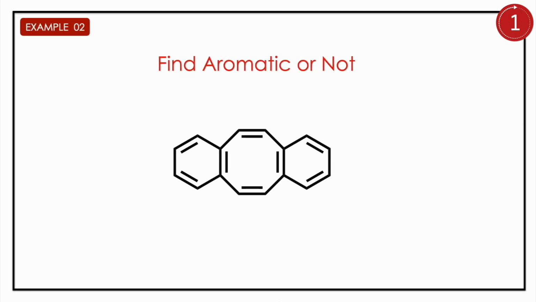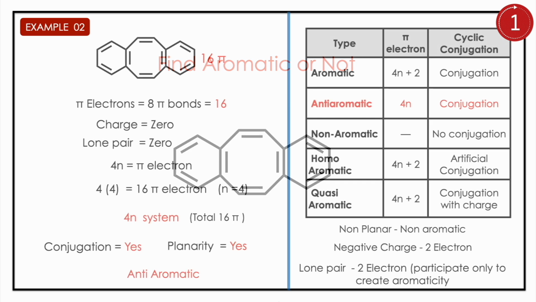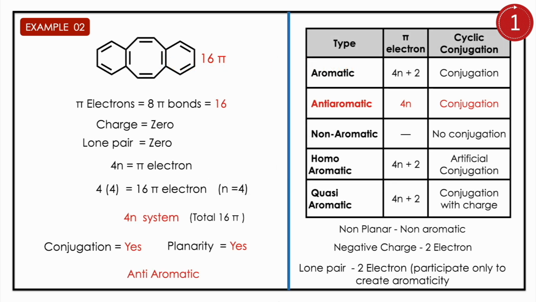Then the next example. Here you have cyclooctatetraene with both sides connected to fused dienes. It is a fused compound. You should find whether the compound is aromatic or not. First let us analyze the pi electrons. There are 8 pi bonds: first ring 2 pi bonds, middle ring 4 pi bonds, terminal ring 2 pi bonds.